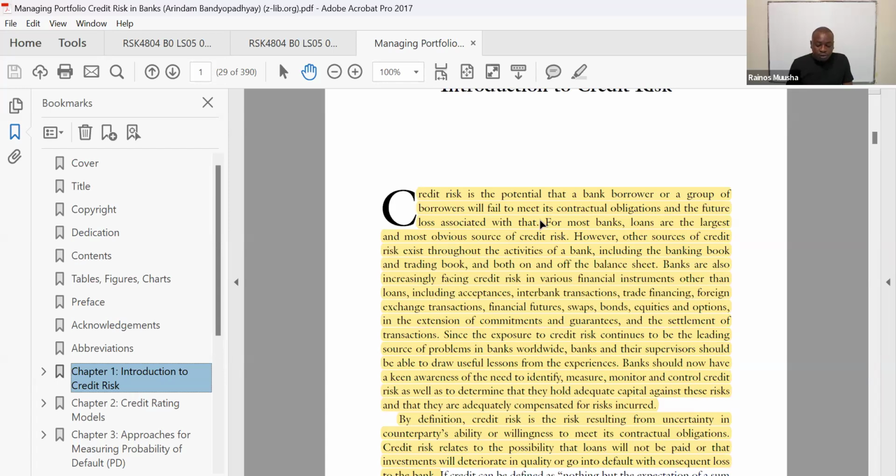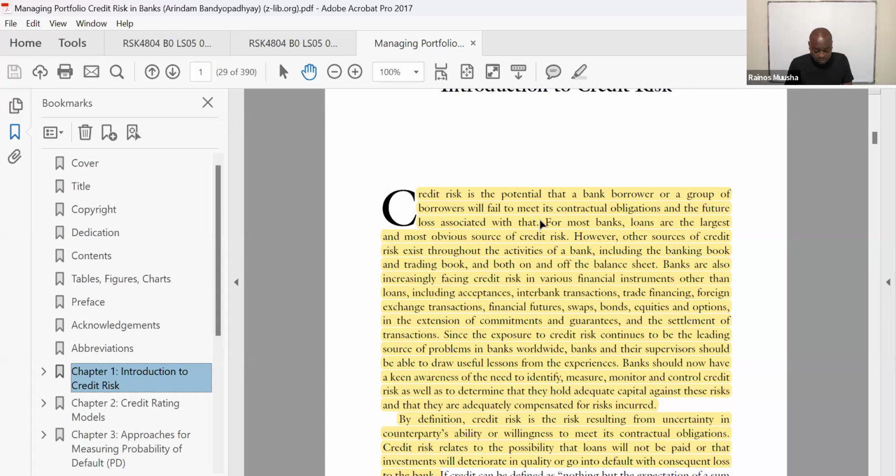So when you talk about future contractual obligations, these are typically failure to pay interest when it falls due, and failure to repay the principal amount when it falls due. So the failure to meet one of the two is typically what triggers what?